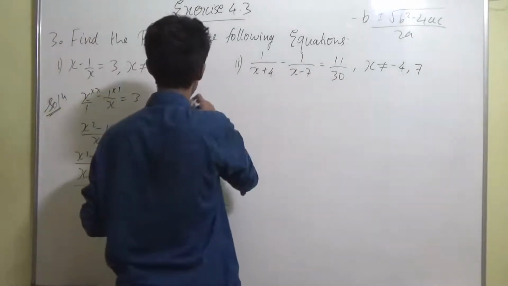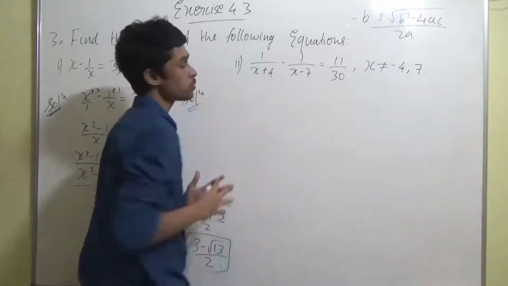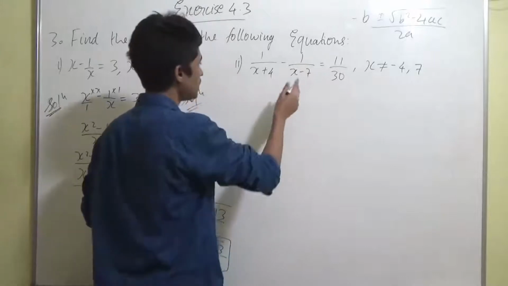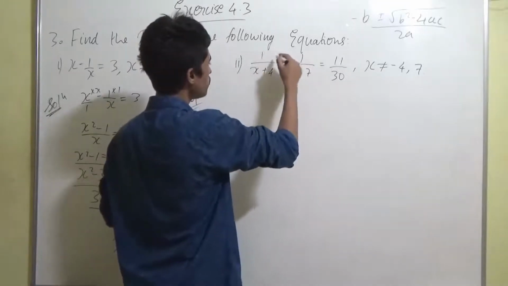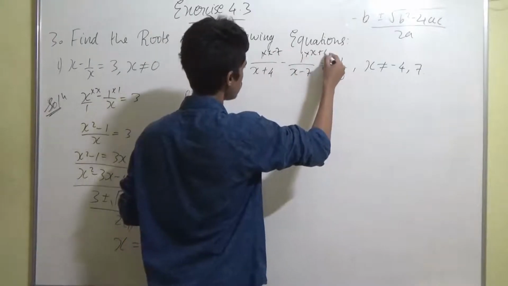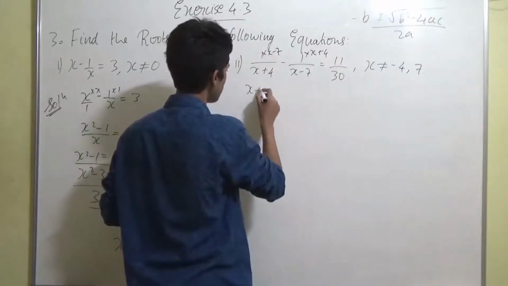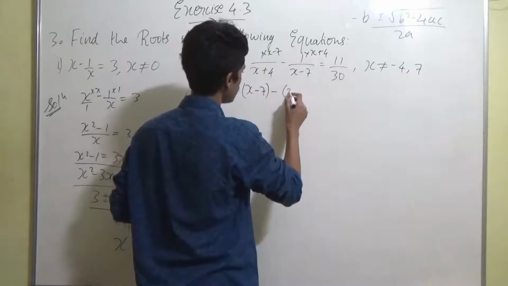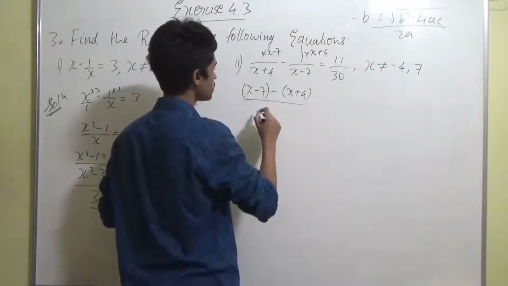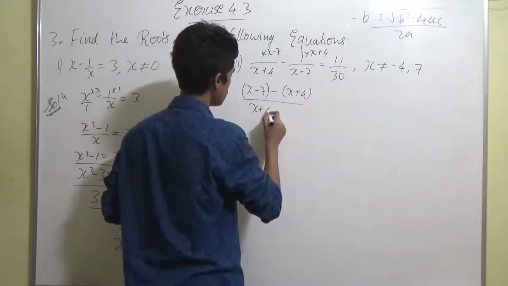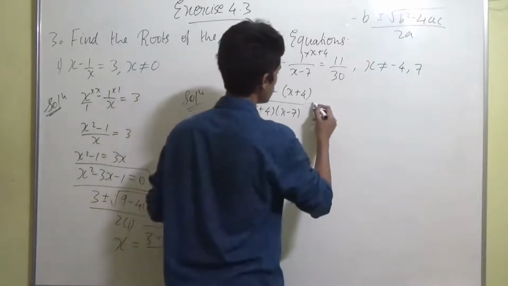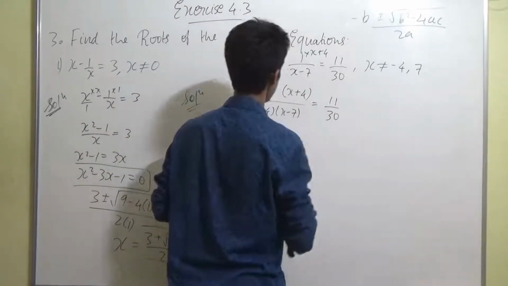I'll start from here. In the second question, what do you have to do first, guys? It's in fractions, so you have to take the LCM. This will become into x minus 7, and this will become into x plus 4. It will become x minus 7 minus of x plus 4, the whole divided by x plus 4 into x minus 7, equal to 11 by 30.